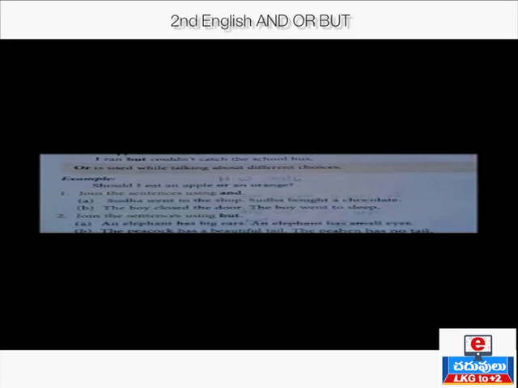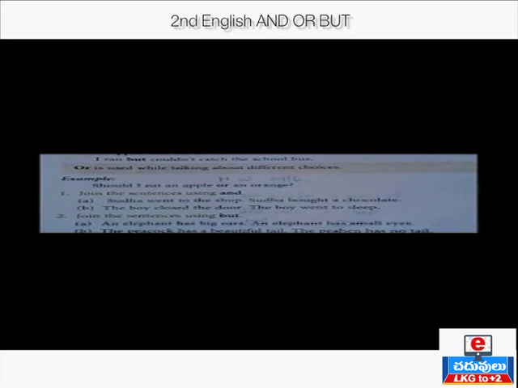Next. Join the sentences using and. What do you have to use there? And you have to use. A. Sudha went to the shop. Sudha bought a chocolate. How will you form the sentence with and, children? You have to write like this. Sudha went to the shop and bought a chocolate. You should not write Sudha again. Okay? You should write like this only.